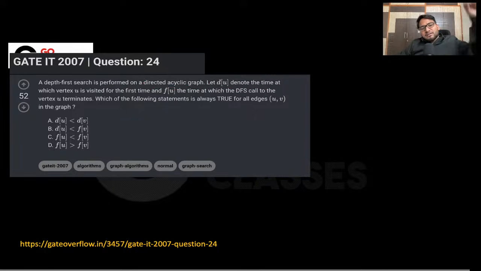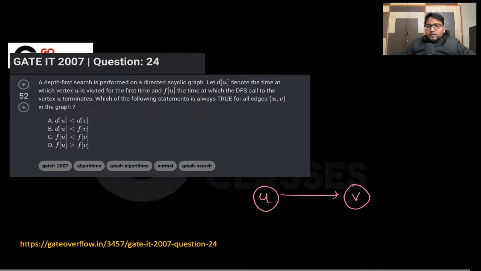Let's suppose this is U, this is V. They are saying, for any edge UV, what is true? They have not given the complete graph. Maybe this is S, which might be connected to U, which might be connected to V also. You don't know. They're just asking about this edge.